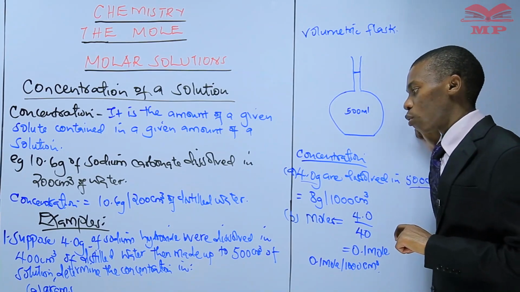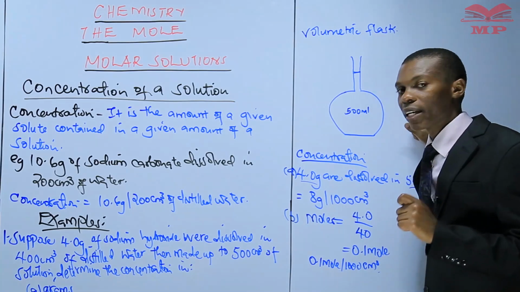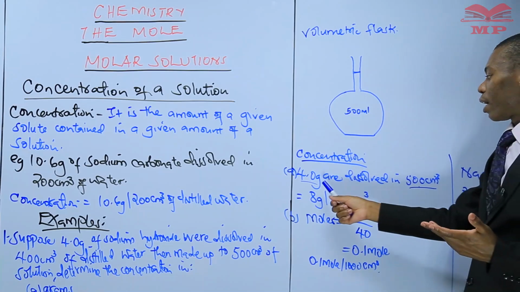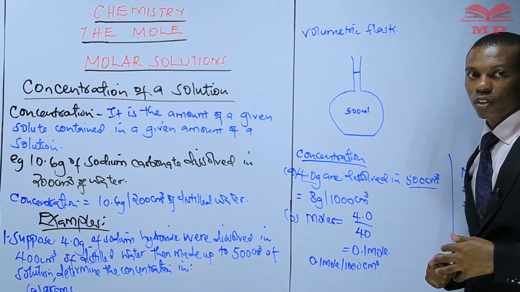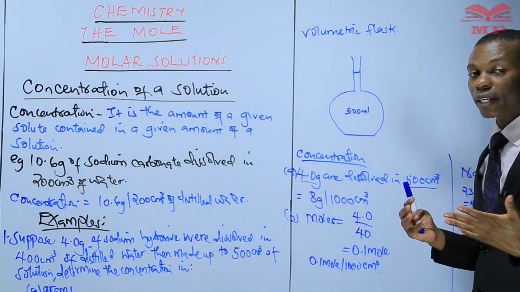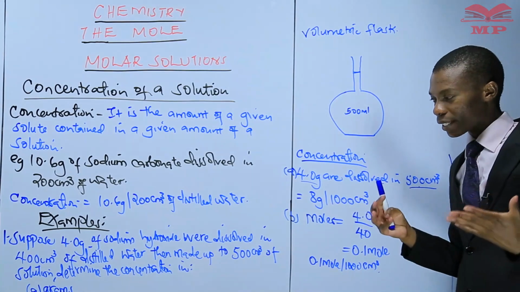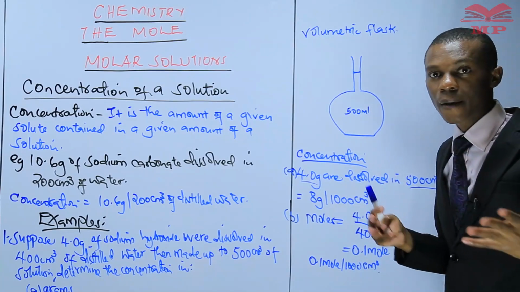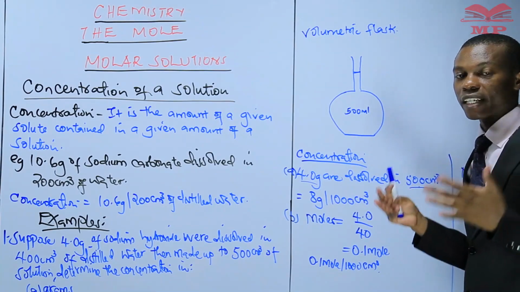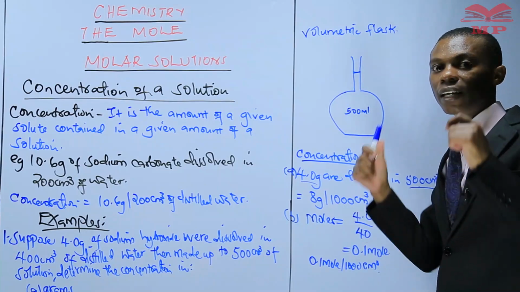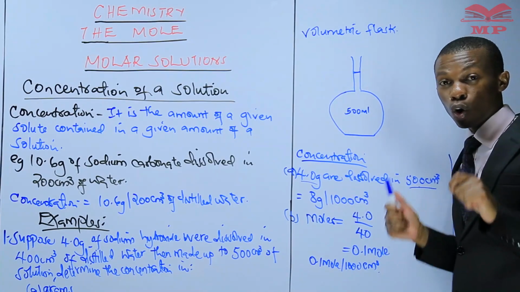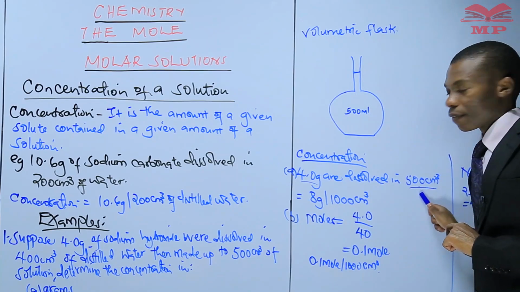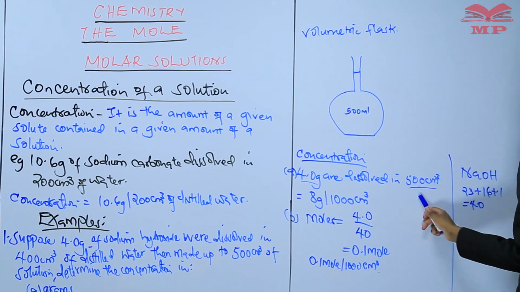Now we calculate the concentration in grams. Concentration is expressed either in grams per liter or moles per liter. This is not a liter; this is 500 centimeters cubed.